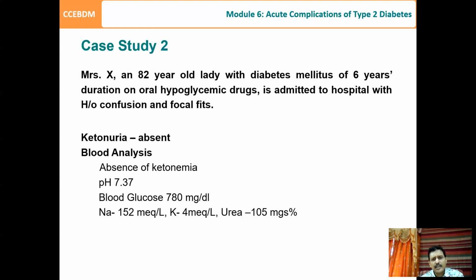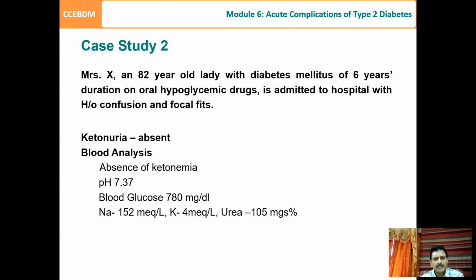The third point is that they have a very high blood glucose level, more than 600 milligram. More than 600 milligram blood glucose usually we don't see in diabetic ketoacidotic patients. I should not say we will never see, but mostly we don't see it in diabetic ketoacidotic subjects. But in hyperosmolar coma, we find that it is almost always more than 600 milligram per deciliter.